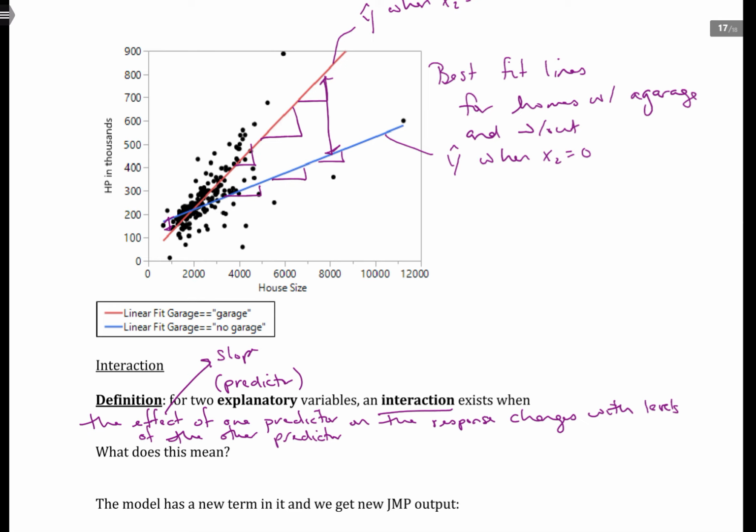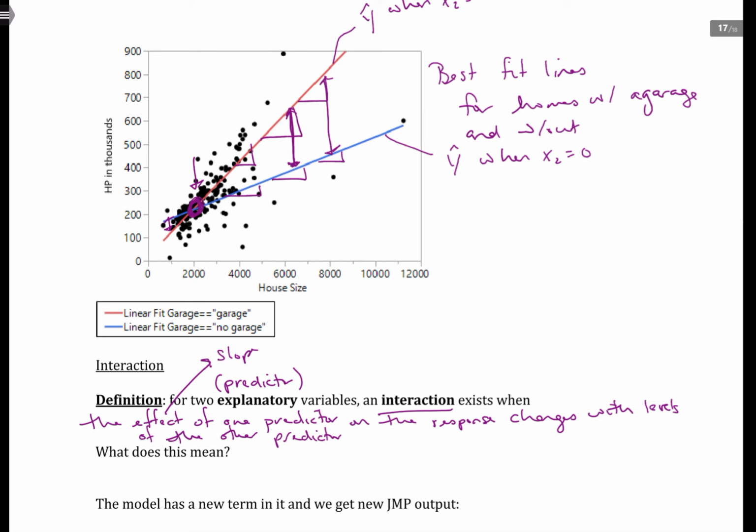We can see it the other way, too. If we change levels of size, holding size constant at 6,000 square feet, we have a very big difference in the average cost of a house between those that have garages and those that don't. However, for homes that have 2,000 square feet right here, there's no difference in the cost of a house between those that have garages and those that don't.